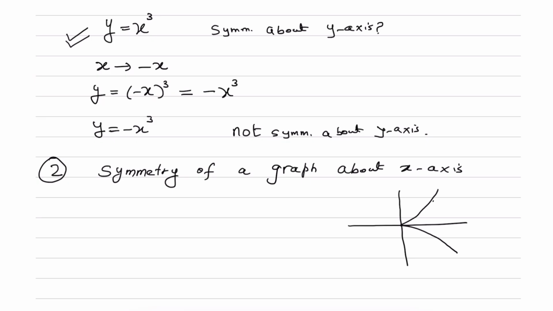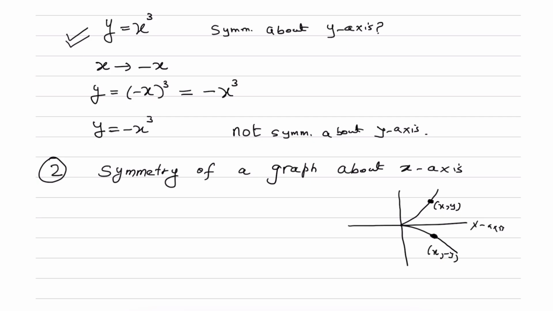Now please see this. If I am considering here a point x, y, and on the other side of x-axis on the same graph we will have a point, but what would be its coordinates? Since x has remained unchanged, x is the same, but y has come down, so it is minus y.